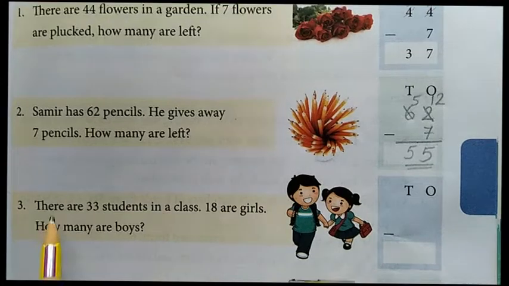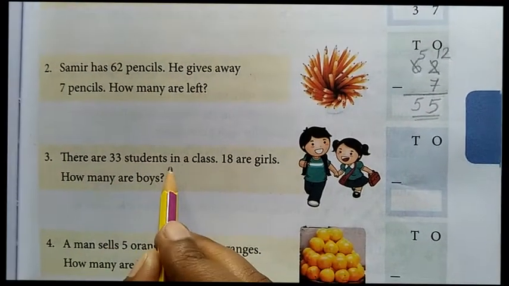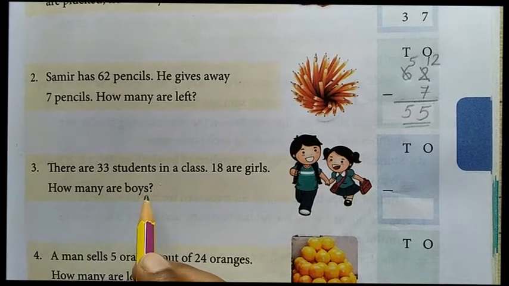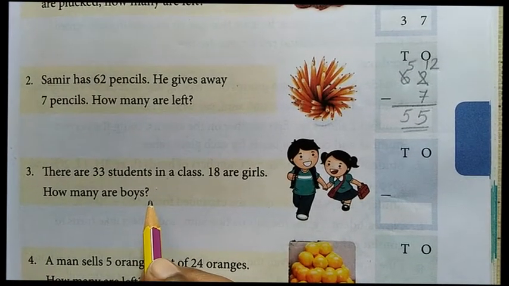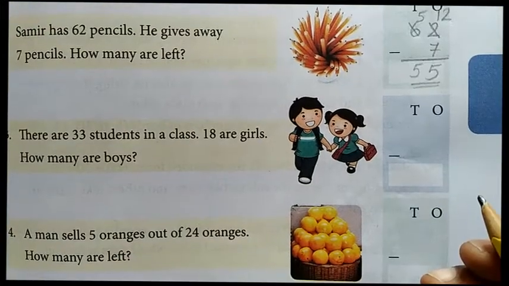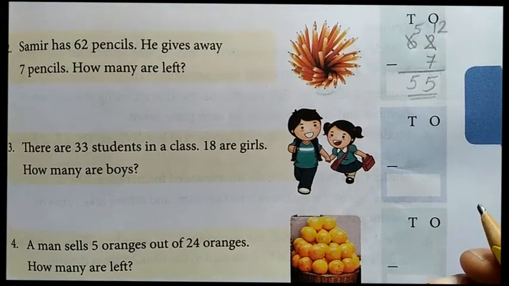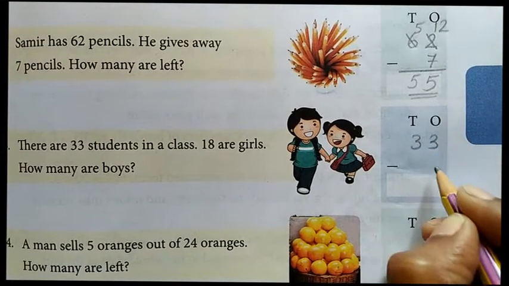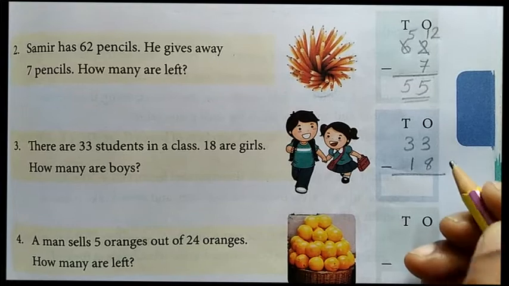Then next question. There are 33 students in a class. 18 are girls. How many are boys? Here we have to find how many boys are in a class. For finding the answer, we have to subtract 18 from 33. That is 33 minus 18. Then subtract the ones.